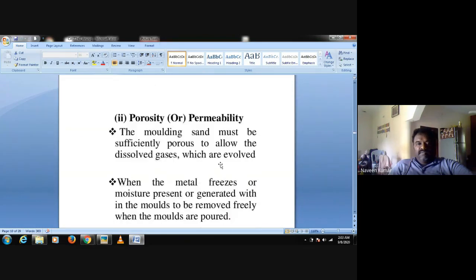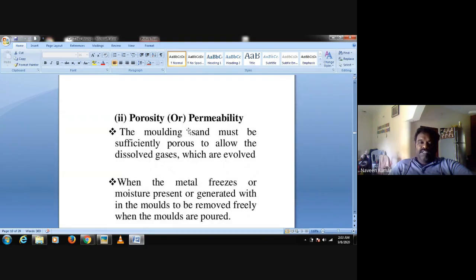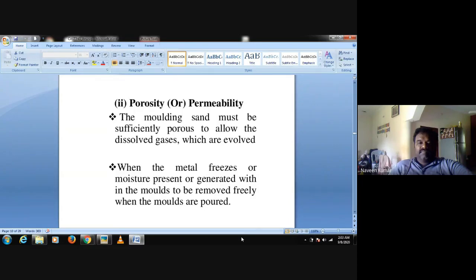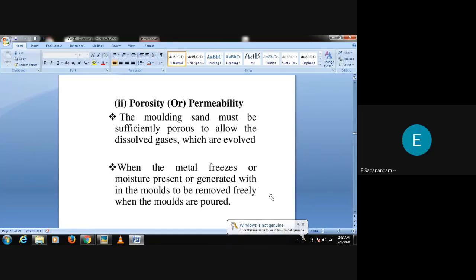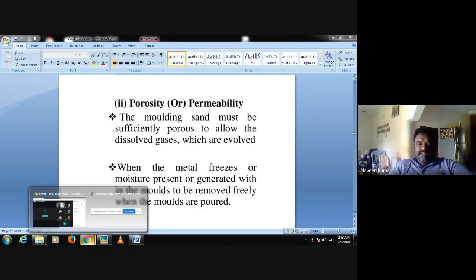Next, put the subheading porosity or permeability. Porosity or permeability, write down.